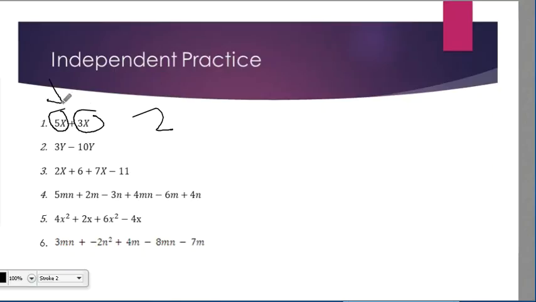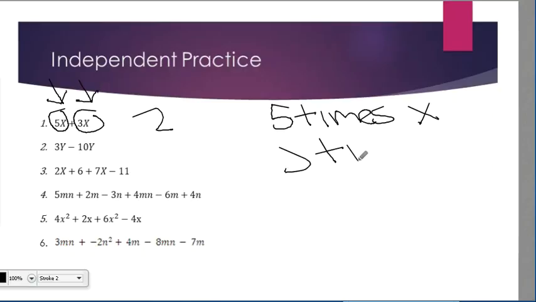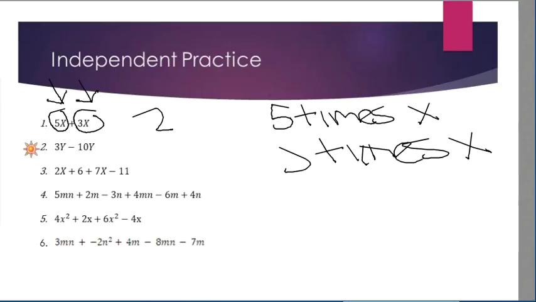Remember when we look at the term 5x, that is really 5 times x, okay? And when we look at the term 3x, that is really 3 times x. So it's really important for you to know that when a number is right next to a variable, there's actually implied multiplication there.